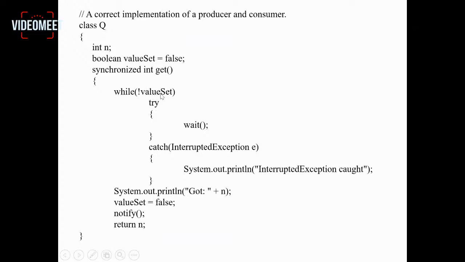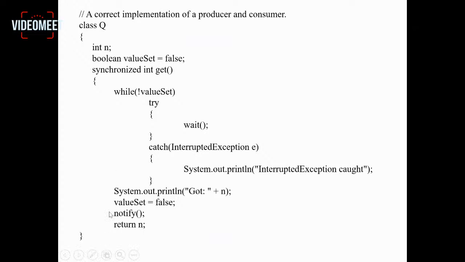Instead of using a constant true value, we are using the not of the valueSet variable, which is initially false. If valueSet is false, not of false becomes true. If it is true, not of true becomes false. So when it is false, this while loop will continue its execution. When it is true, it will not continue the while loop, right?